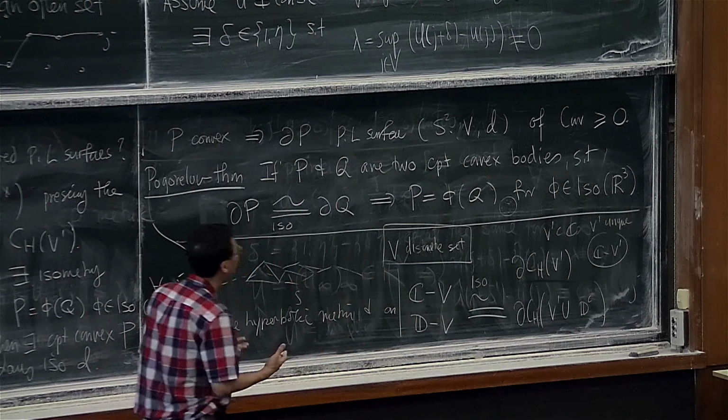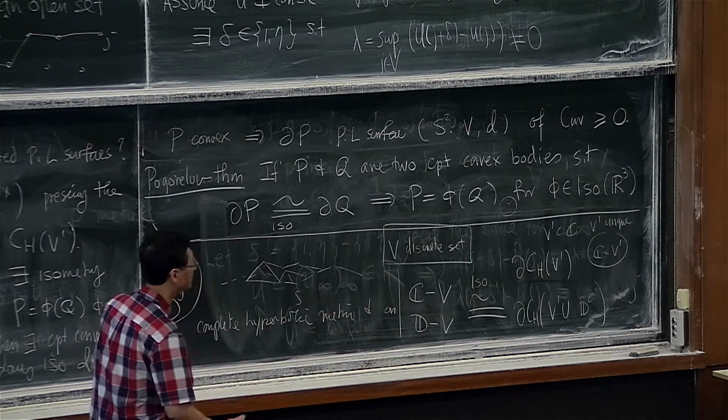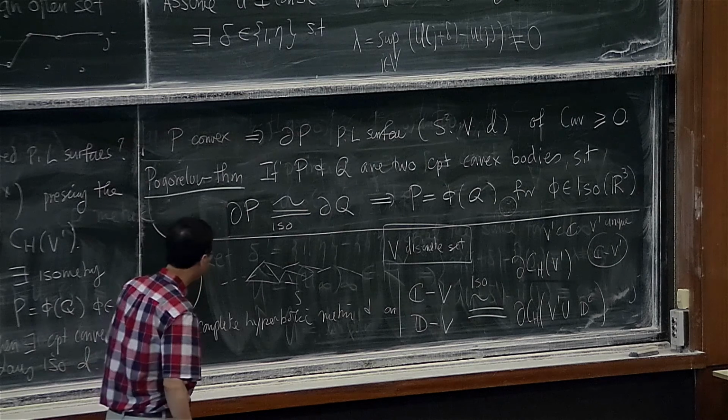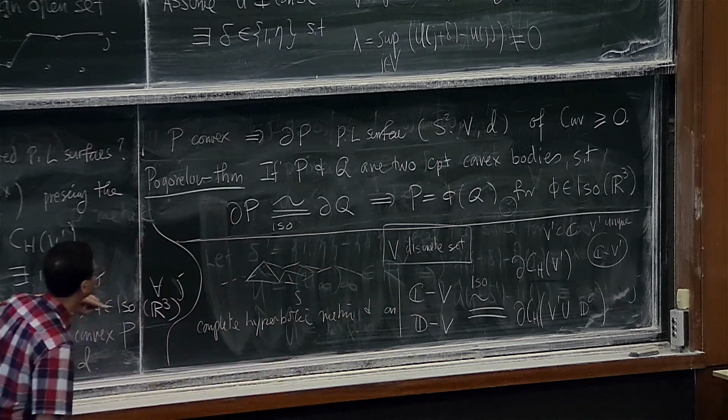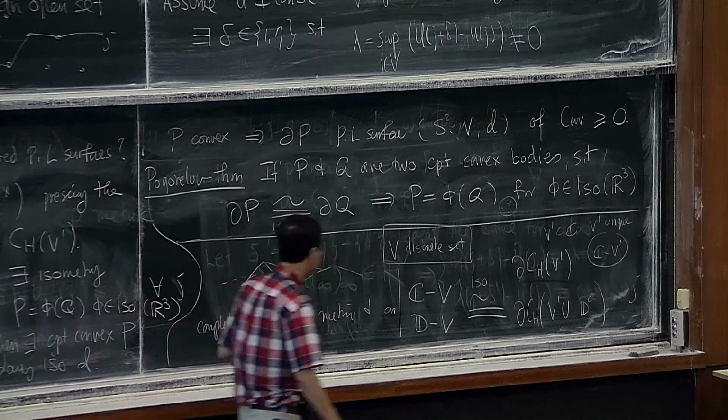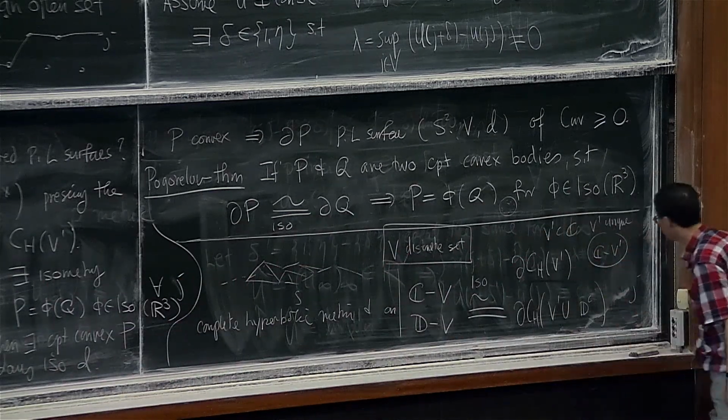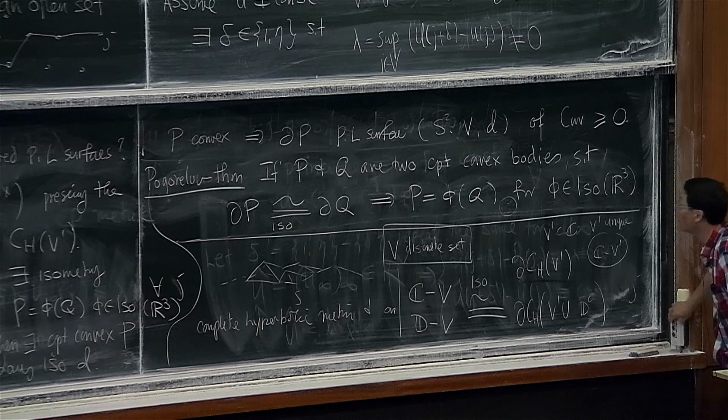The way to look at it is really to phrase it in terms of hyperbolic geometry. Okay? And that's the Alexandrov-Pogorelov type result. So let me say a little bit more about it.